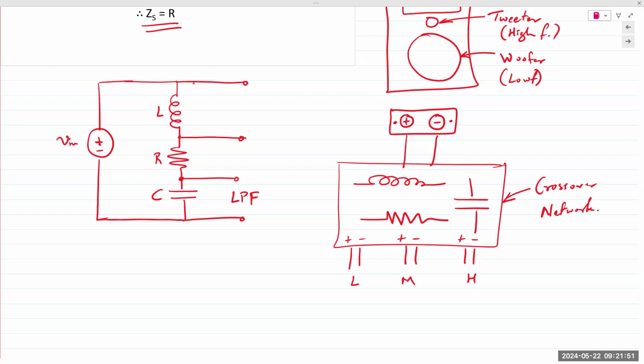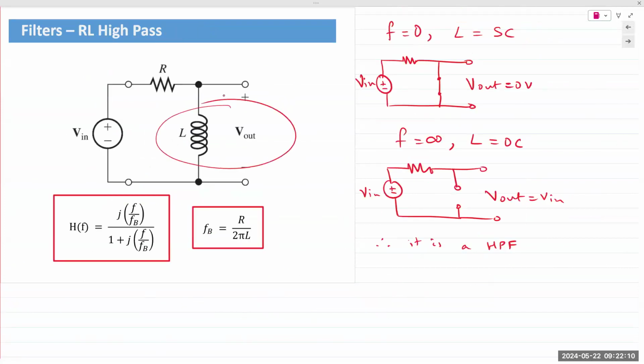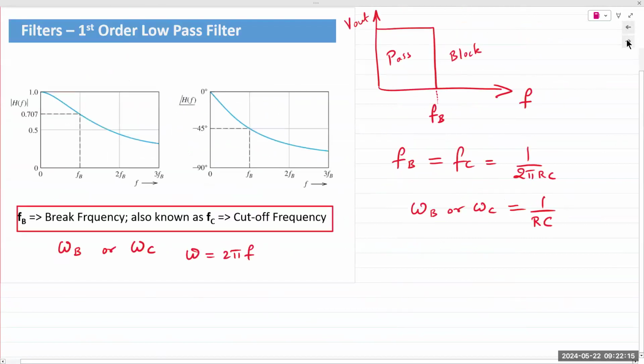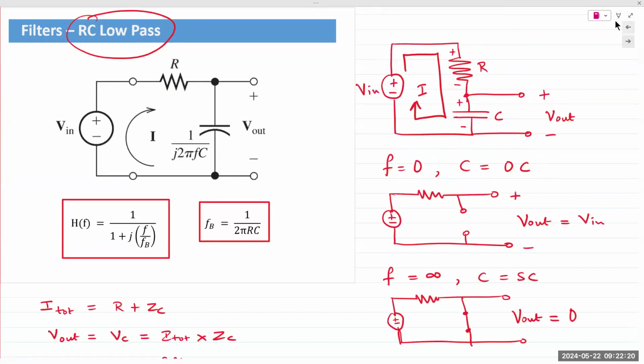If there was no capacitor present and you applied a signal to an RL circuit and you take the output across the inductor, you would expect a high pass response. And we saw that in the previous circuits. So output across the inductor, it's a high pass circuit. Output across the capacitor would be a low pass.